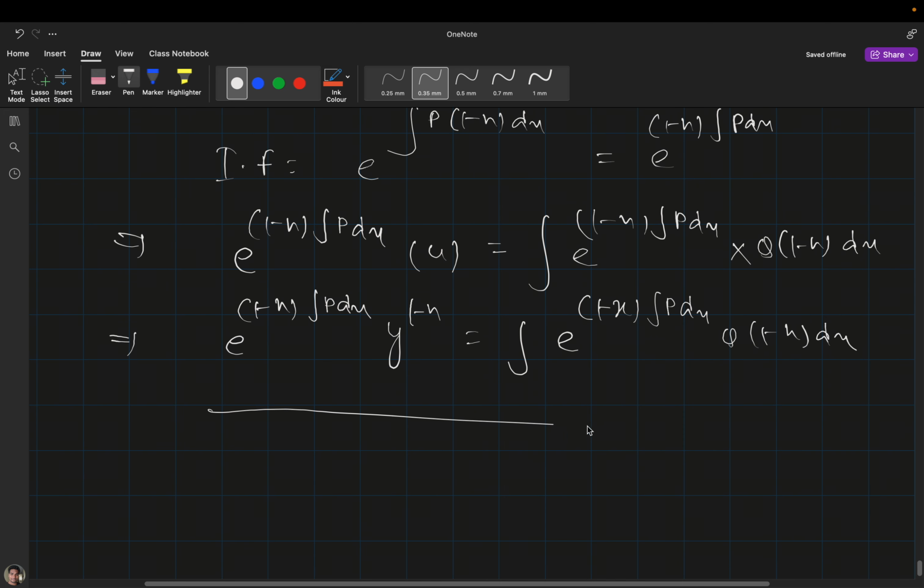So this is the solution. It depends on what kind of differential equation you are taking. Fine? Yes or no?